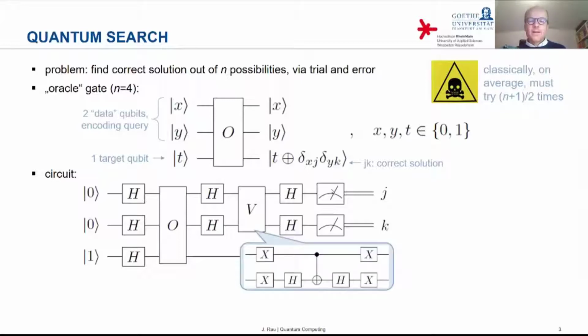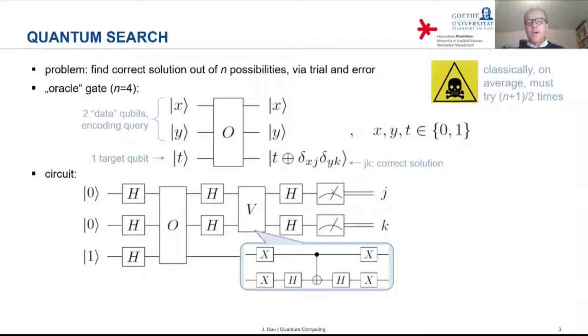So here's a blow up of this 2-qubit gate V. It's actually composed of several elementary gates that we recognize. So both qubits first go through Pauli X's. Then the lower one goes through a Hadamard.